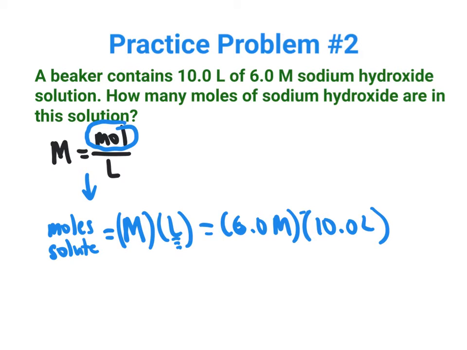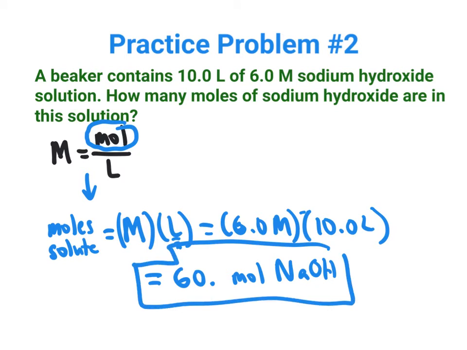And obviously 6 times 10 gives us an answer of 60 moles of sodium hydroxide. That's NaOH. The 60., for those of you who are wondering, is 2 sig fig. And so to make sure this was 60 with 2 sig fig, I just put the decimal point right there. That's a sig fig thing, so we don't forget that.